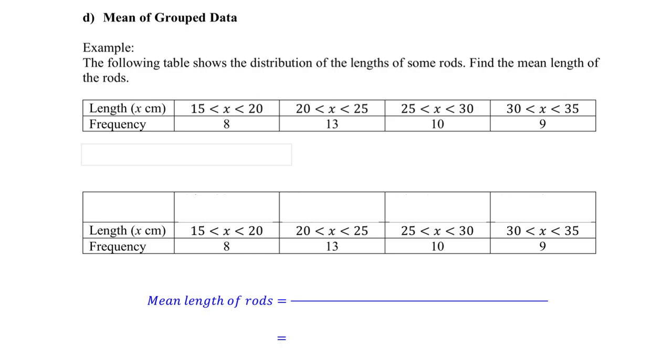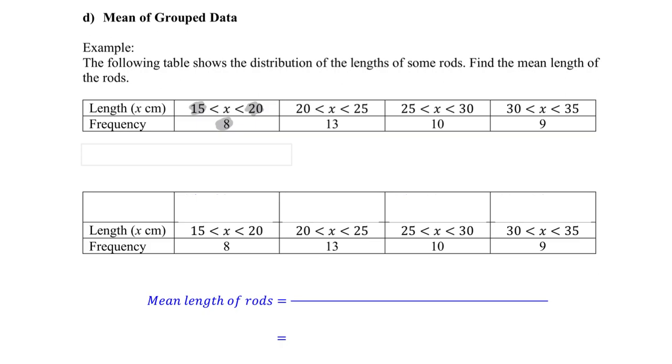And what we mean by grouped data is that, for example, let's look at the first row. There are 8 rods where the length is between 15 and 20, but we do not know for sure, for each of these 8 rods, what their length is.